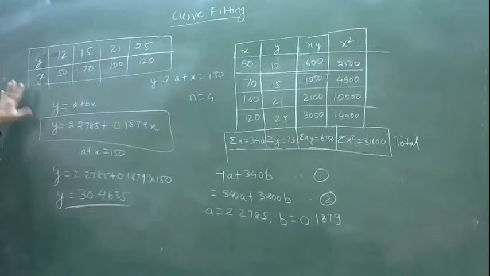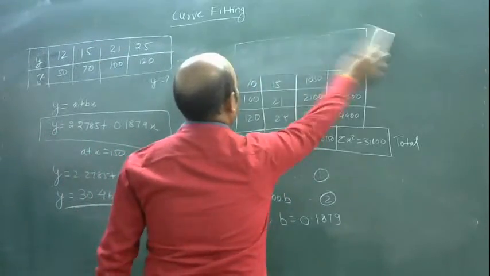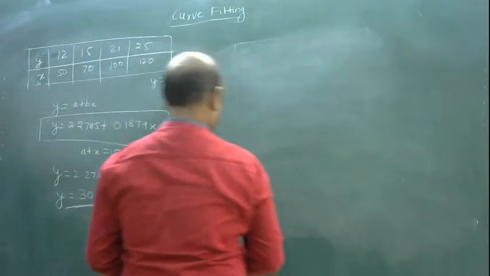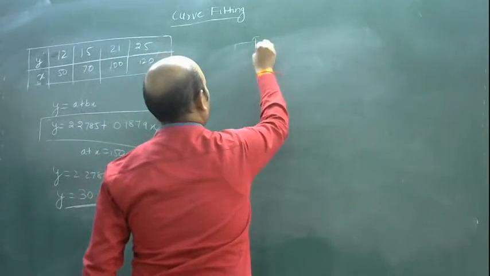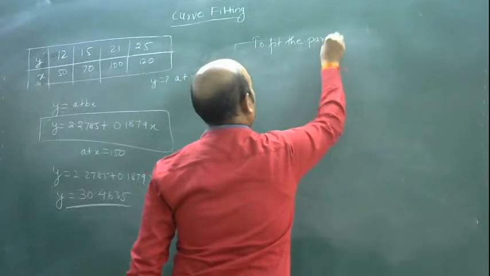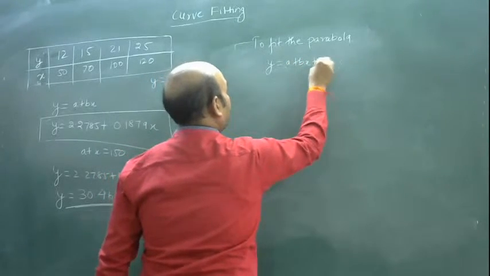So in this manner, we have found the equation of a straight line. Okay. So in another case, if the equation of a parabola is given and you have to fit the parabola, y is equal to a plus bx plus cx square.